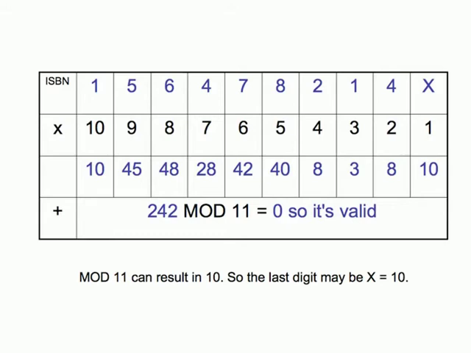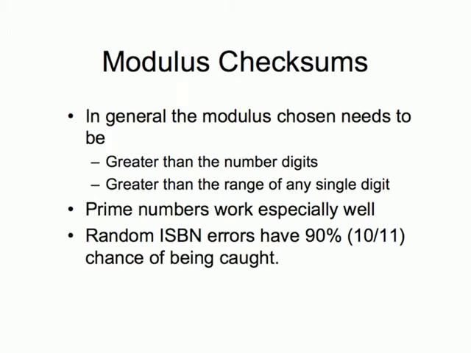This idea of seeing if one large number is evenly divisible or not by another smaller number comes up a lot, and we use the modulus function to work that out. Now I don't want to go into the whole theory behind modulus checksums, but there are a few general rules that can help.